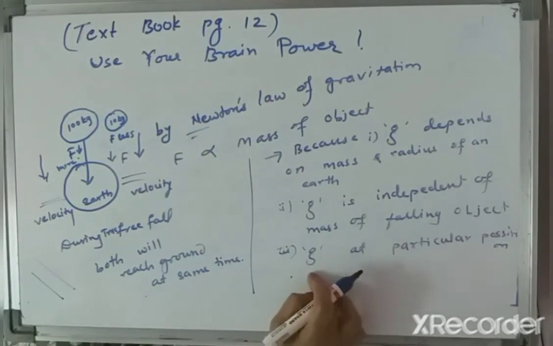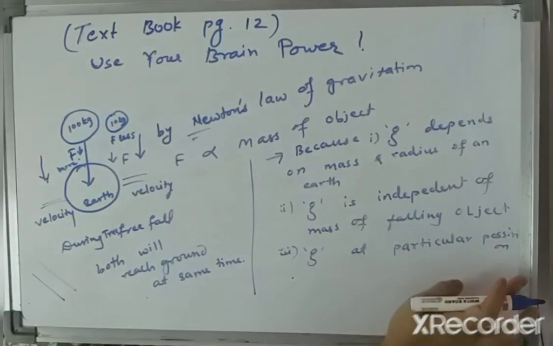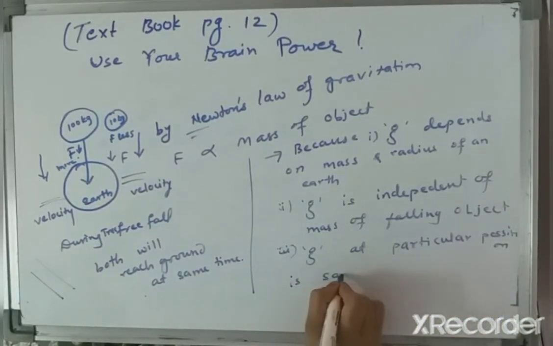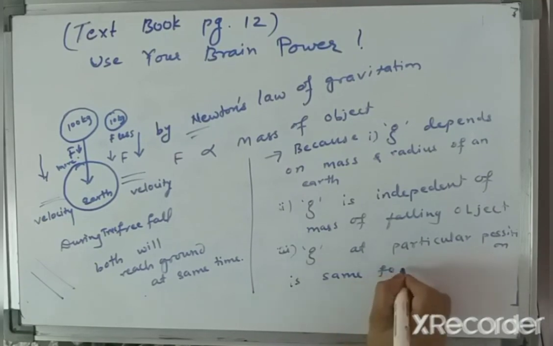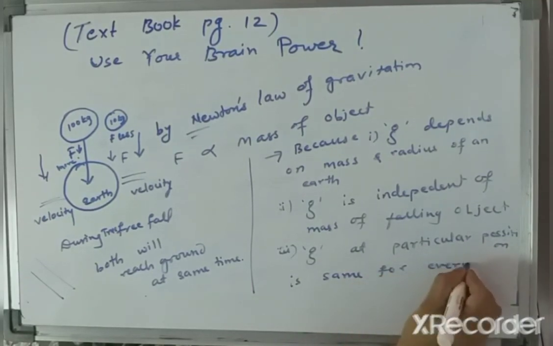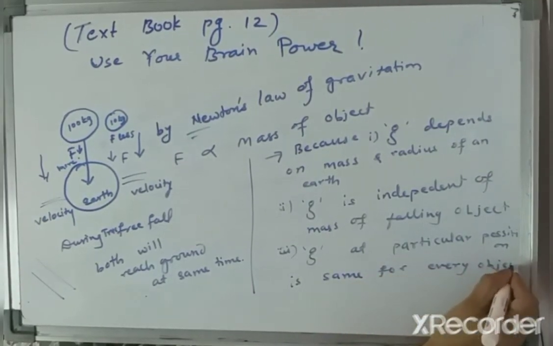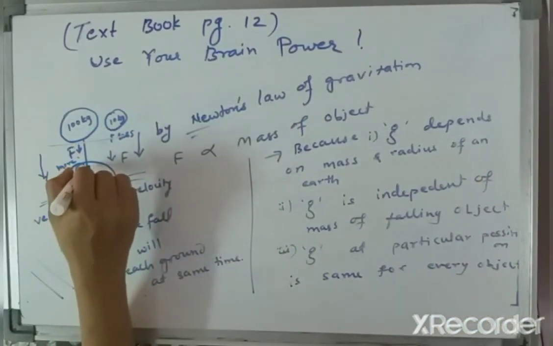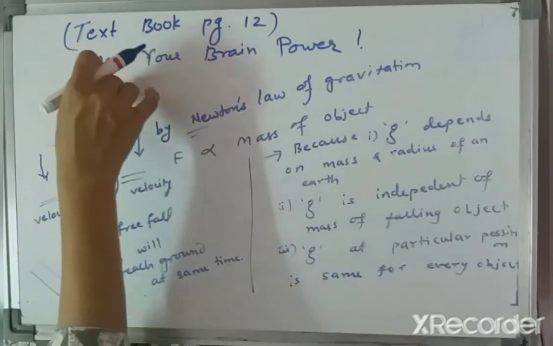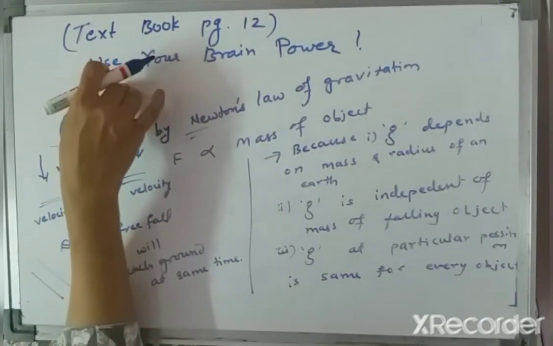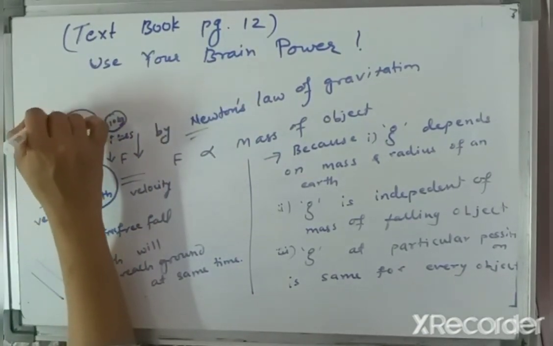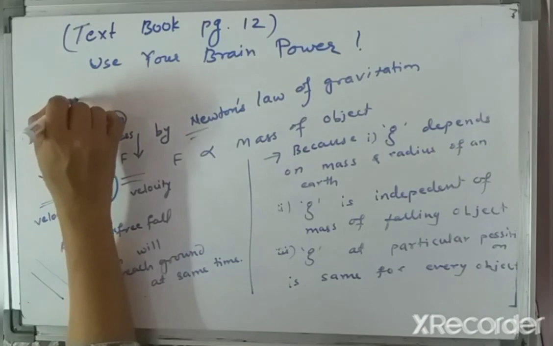acceleration due to gravity at a particular position or particular point is the same for every object. It means if at this place on earth you keep one elephant and one small bird, a kiwi, both will experience acceleration due to gravity 9.77 meter per second square only.